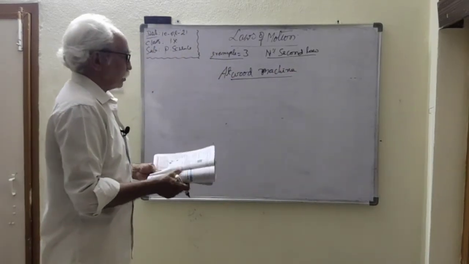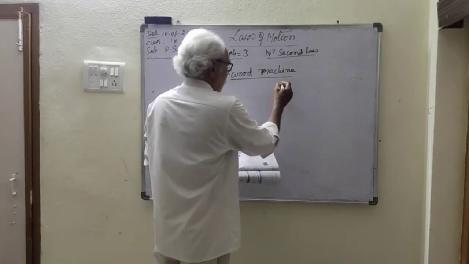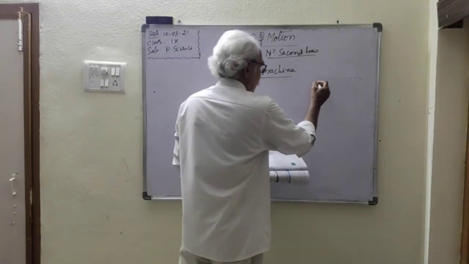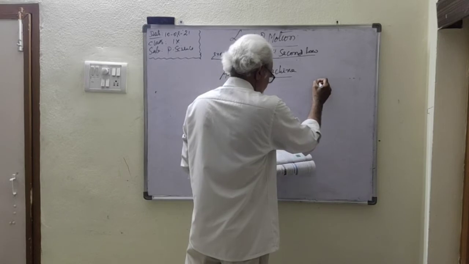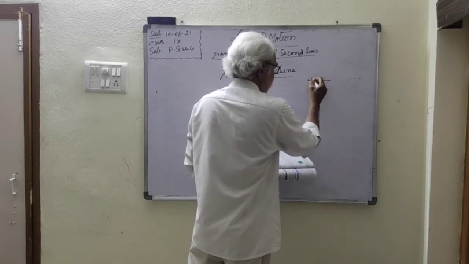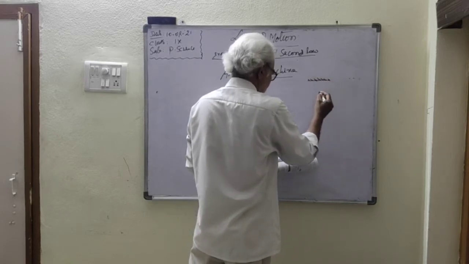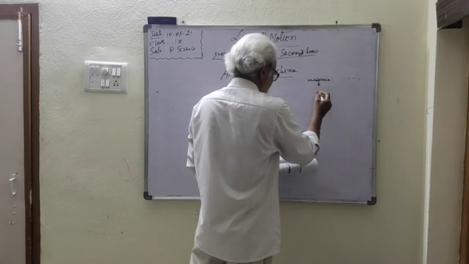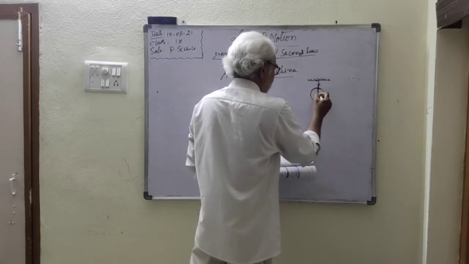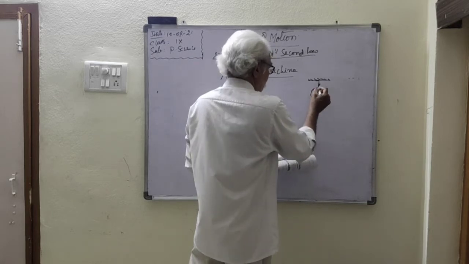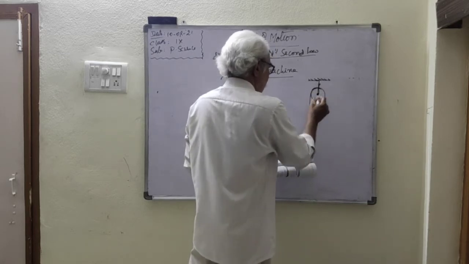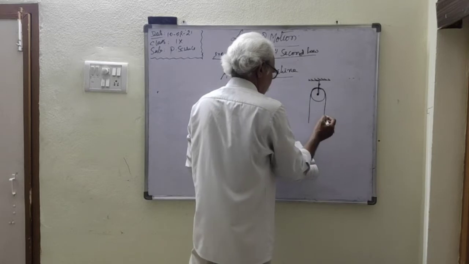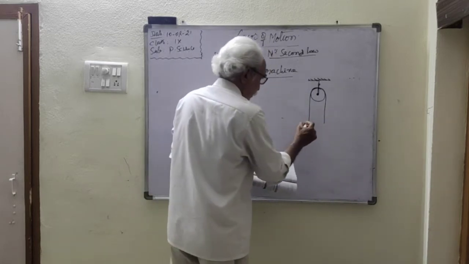This Atwood machine has one pulley. Here is the support. Here is the wood, which is carrying one wheel. Over this wheel you have one inextensible string.